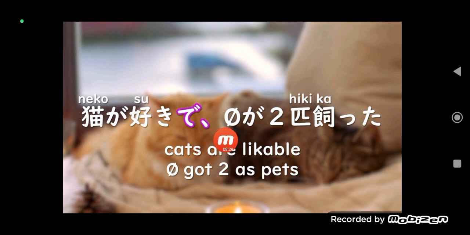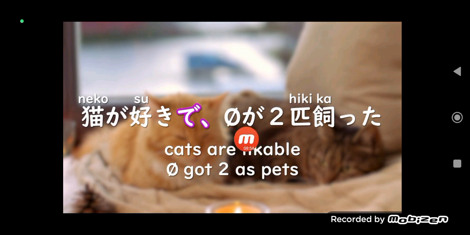Neko ga suki de, ototo ga nihiki katta. Since the cats are likable, this person, let's say the younger brother, got 2. Neko ga suki de.